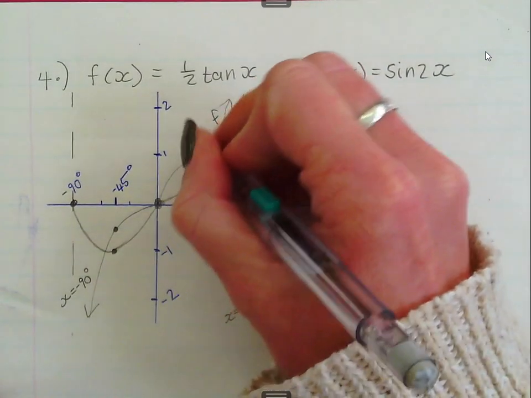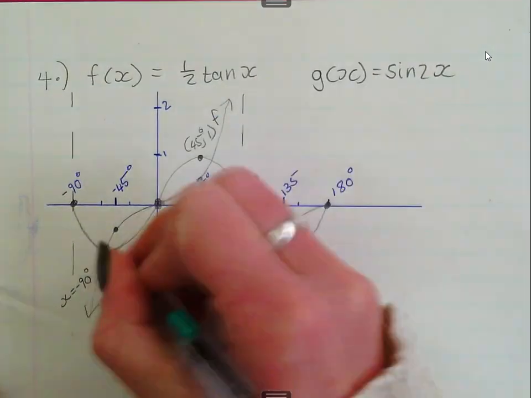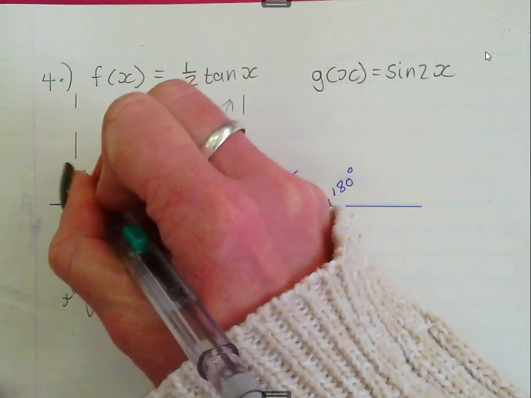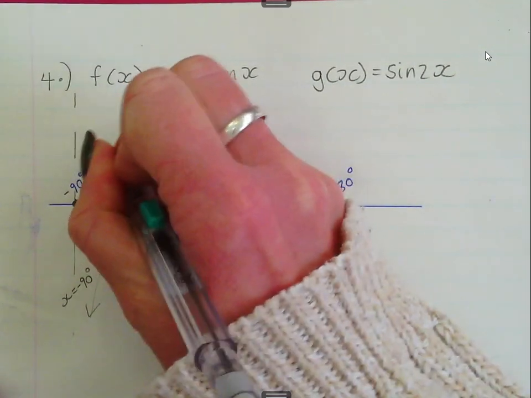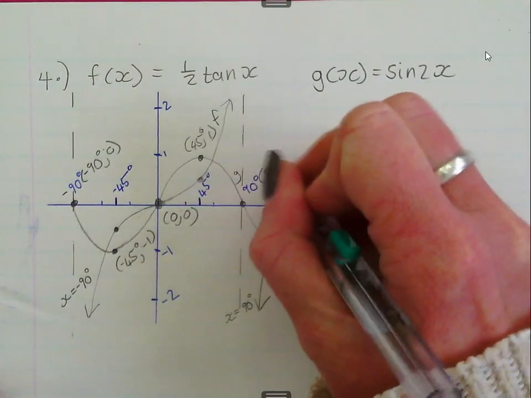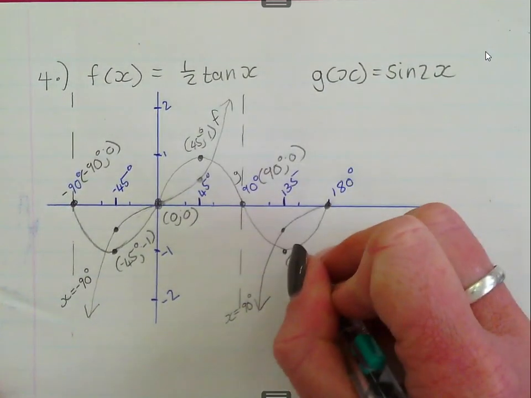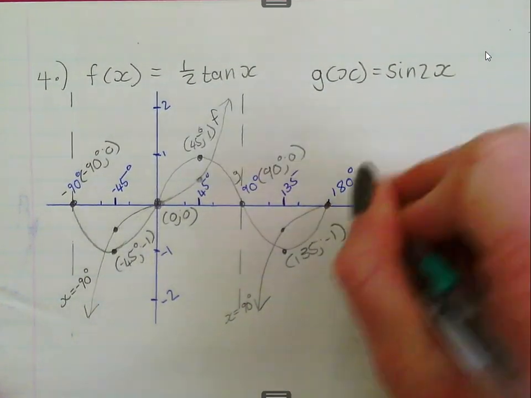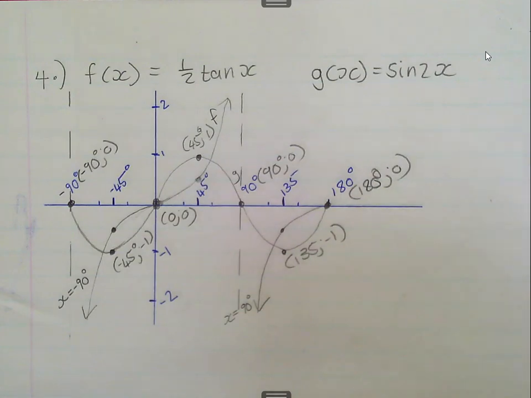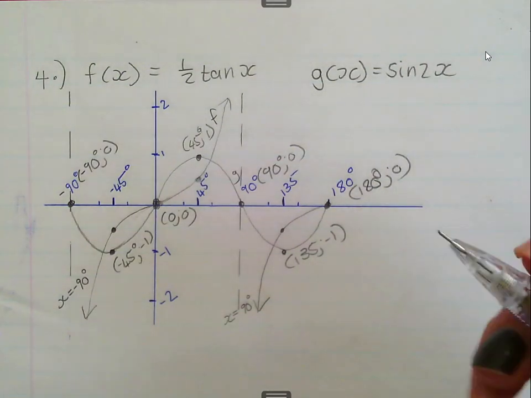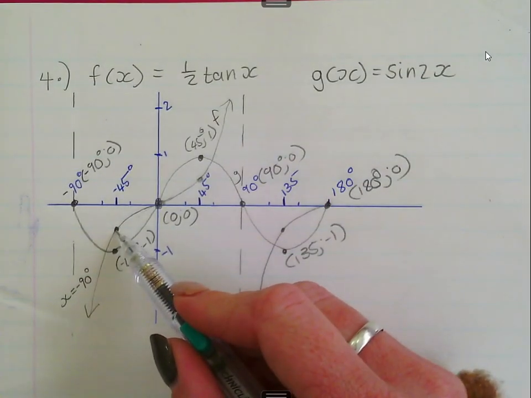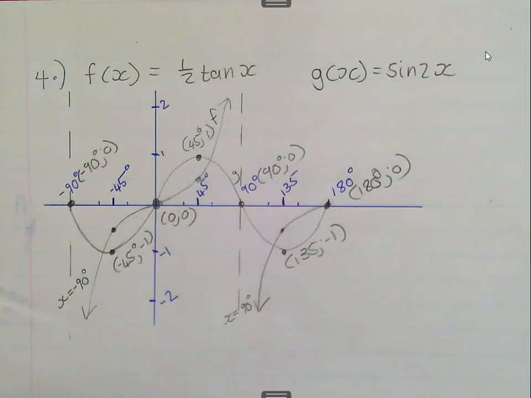So this one is 45 degrees and 1, negative 45 degrees and negative 1, negative 90, 0. 0 and 0, 90 and 0, 135, negative 1, 180 and 0. You don't have to put in those values of tan. It's not a turning point or an intercept.